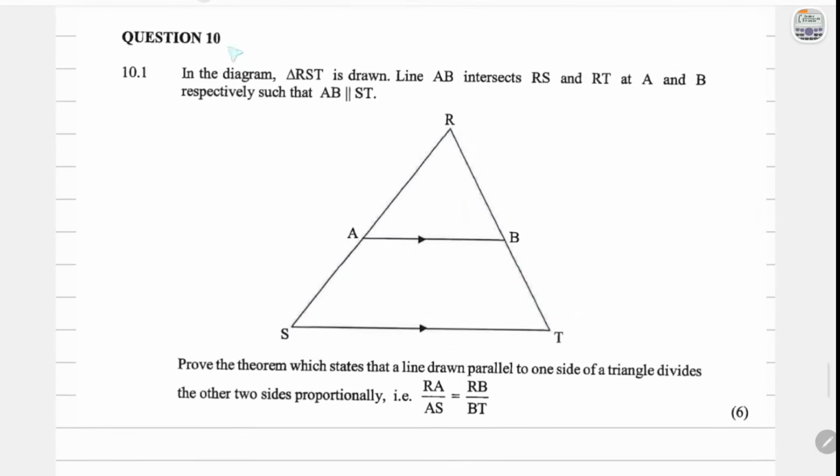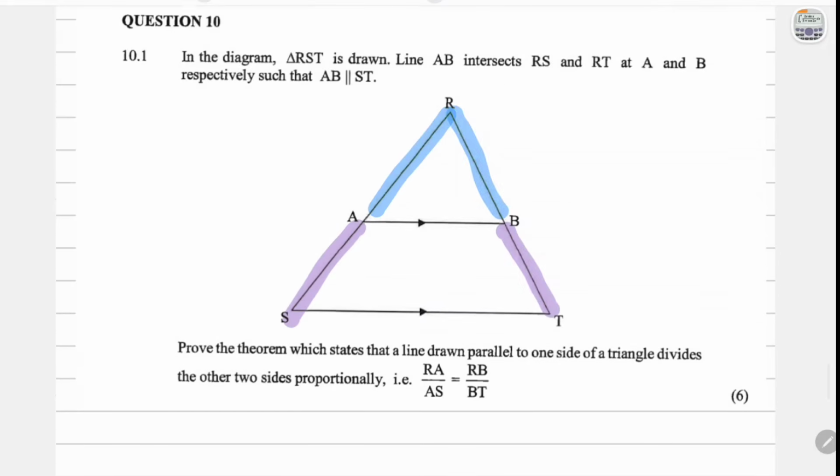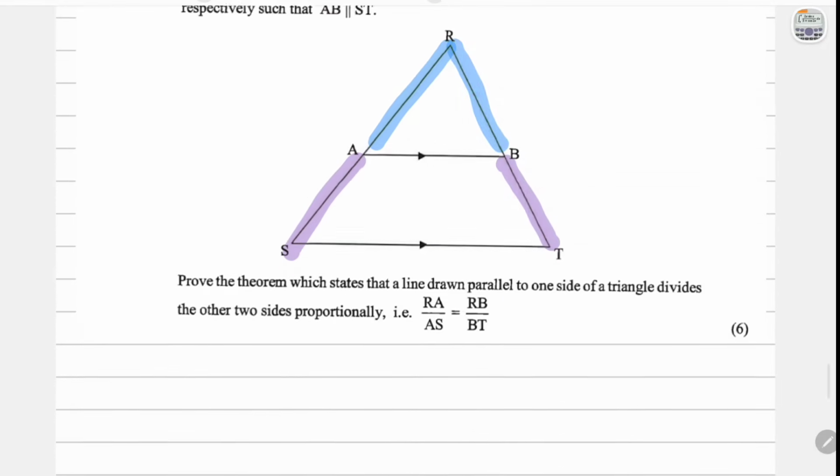Now, how we work through this is like this. We're trying to prove the proportionality theorem, but focus on the sides that you have stated here. They say RA, okay? RA is this over AS, and then RB over BT. Those are going to be very important sides that we're going to look at.